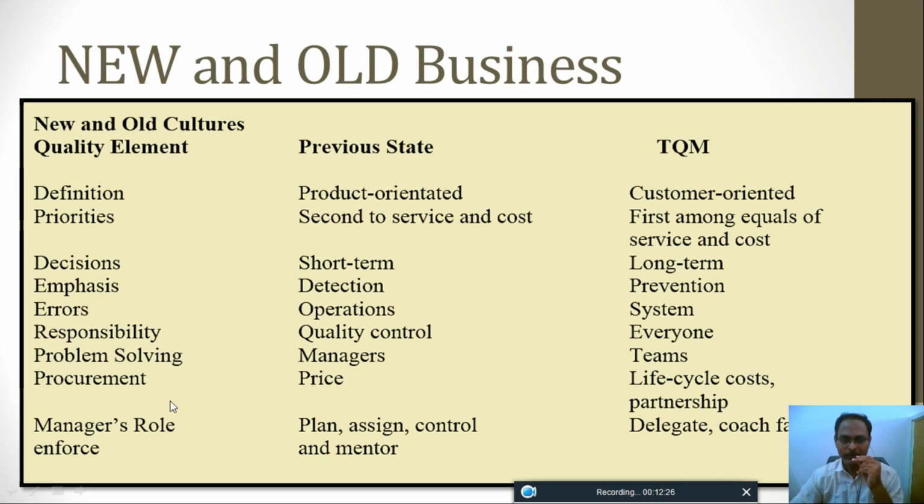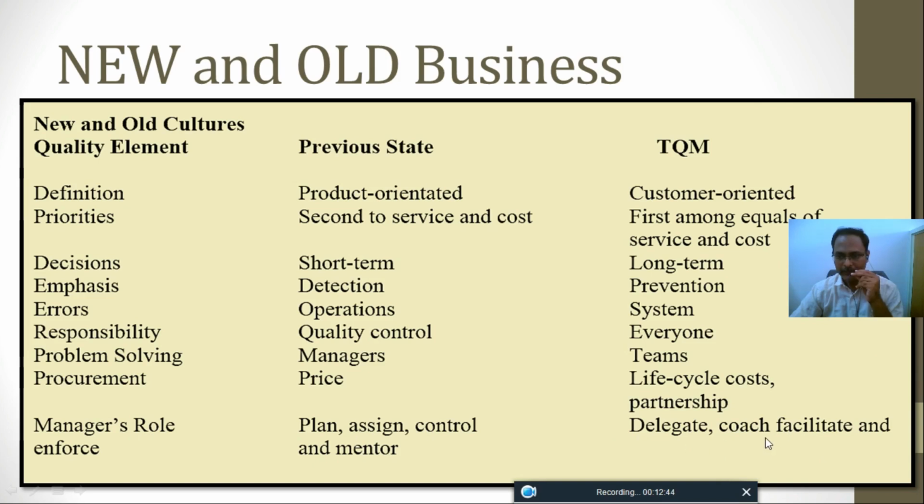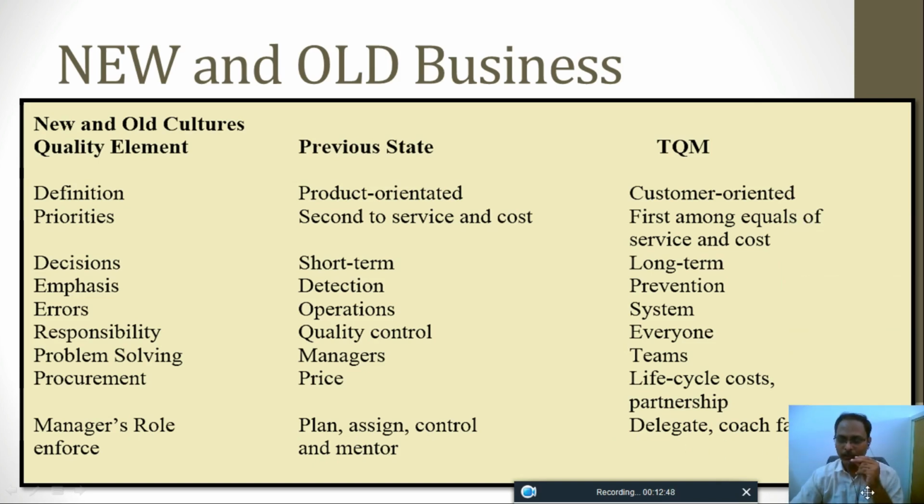Procurement: price is considered, but in TQM the life cycle cost and partnership are considered. Manager role: planning, assigning, controlling, monitoring. But in TQM the manager role is to delegate, coach, facilitate, put on improvements, and appreciate their work.